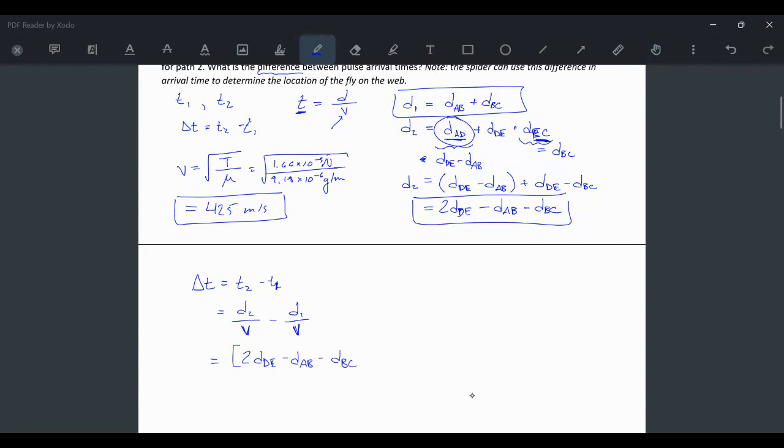Notice that I did a subscript 2 and a subscript 1. That's because the waves traveling through path 1 and path 2 are traveling through the same type of material, whatever this spider web is made of. So if the material is the same, the wave speed will be the same. So these V's are the same, and I'm going to write these distances over a common denominator and start simplifying all this.